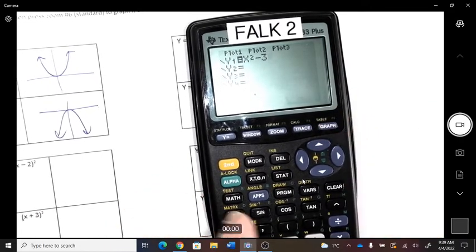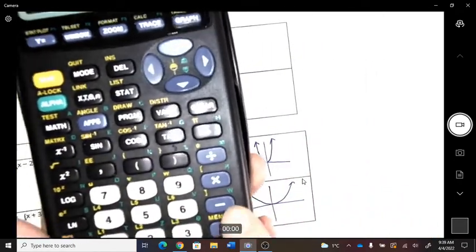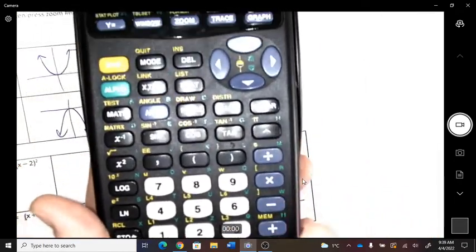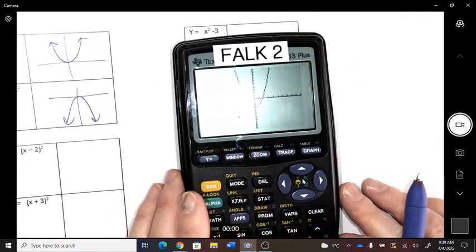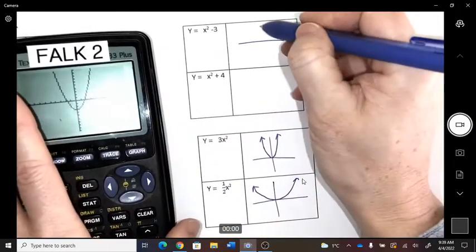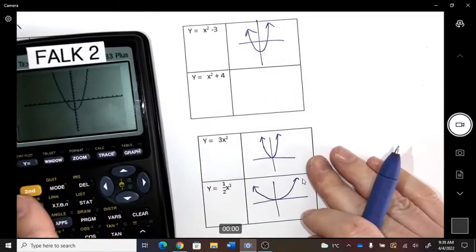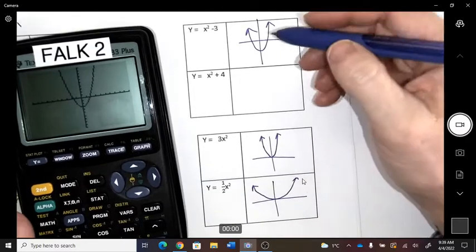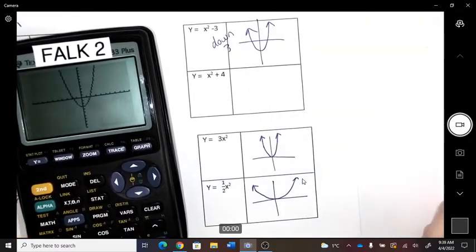X squared minus, so this is where you have to push the subtract button, the blue subtract button on the 3, okay? Graph, what do you think happened there? In a word sense, this would have moved down 3, right? Does that make sense? It moved down 3.